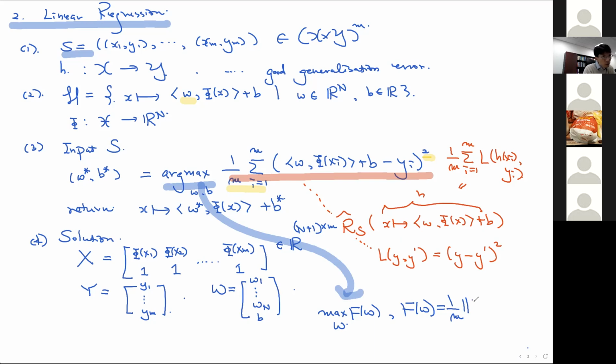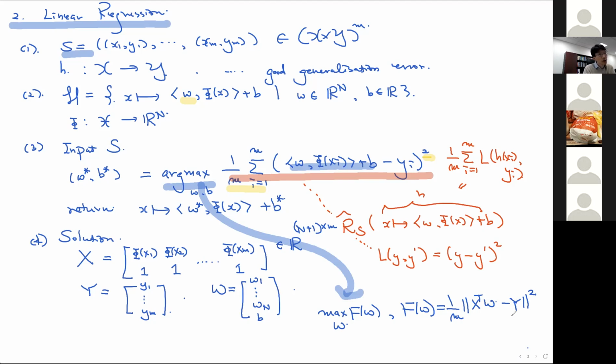What we compute is X transpose W, minus y, and squared. So X transpose W is a vector, and y is another vector.